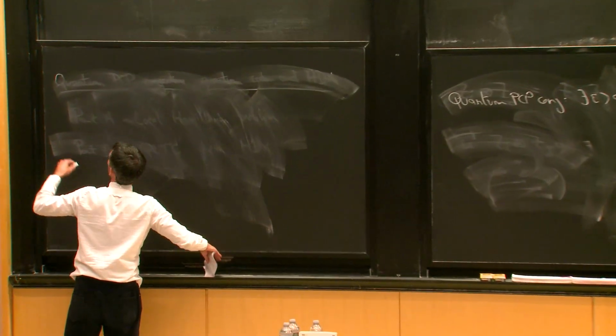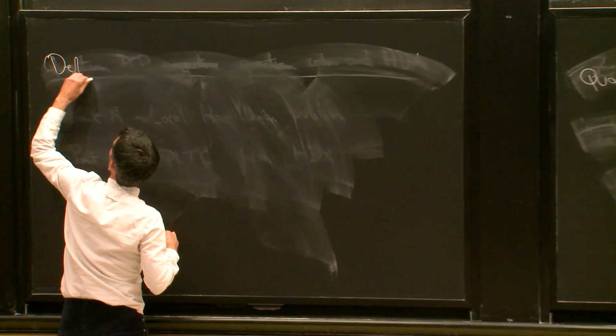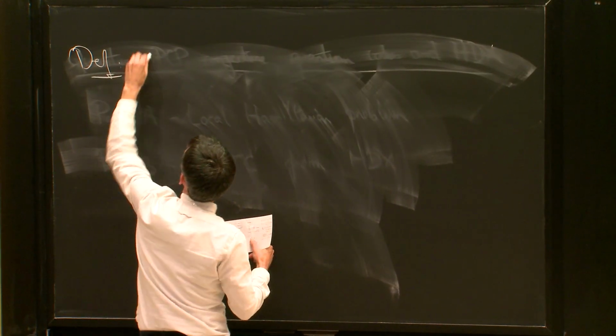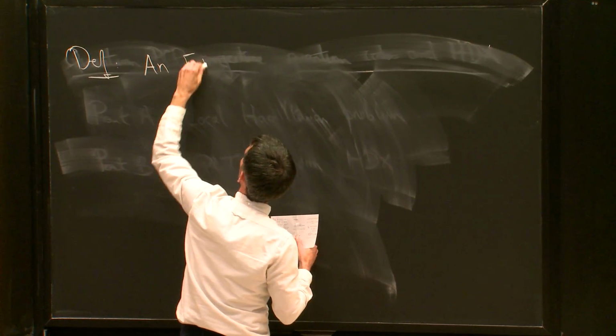So, definition. I look only at linear binary codes just for simplicity. There are 3 parameters that are important when you study codes.